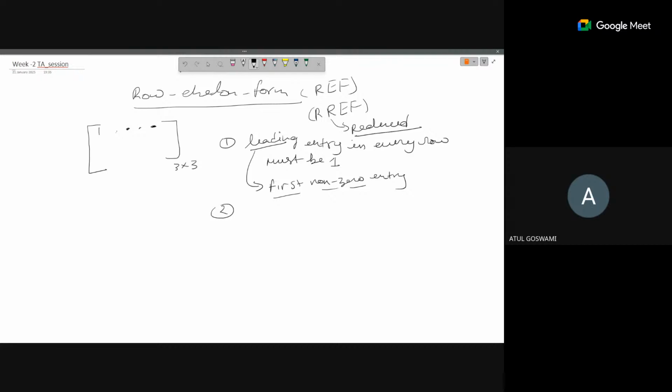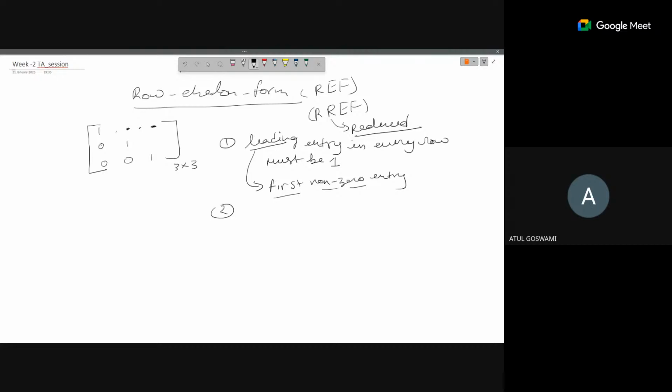Then in the second row, this entry must be 0, and the leading entry can be here or here. Suppose here, and then in the third row, this entry must be 0, this entry must be 0, and this can be 1 or may not be 1.